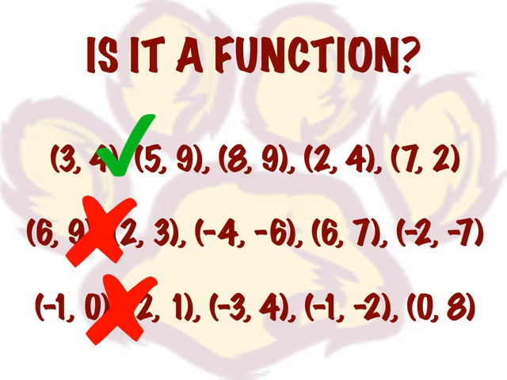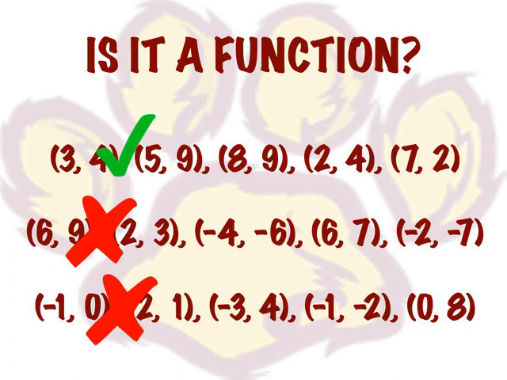If we look at the second example, you see the x value of 6 repeated twice. The first time, 6, 9, and the second time, 6, 7. X values cannot repeat with different y values. So that makes that one not a function. And in the third example, you see the x value of -1 repeated.